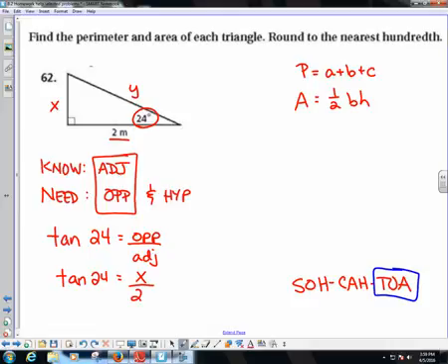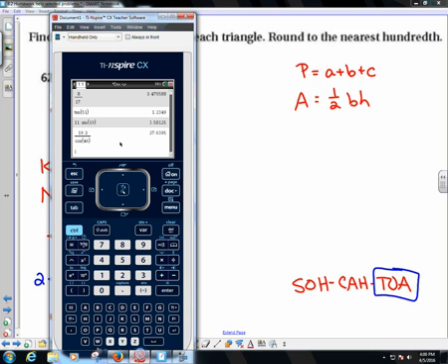I love these problems because this becomes easy. To clear out that fraction, I'm going to multiply both sides by 2. When I multiply both sides by 2, those two things cancel out, and I end up with x all by itself. So 2 times tangent of 24. So this is what I need to go to my calculator and plug in.